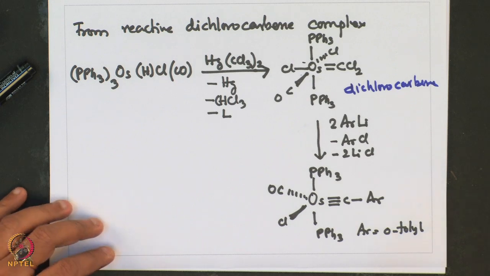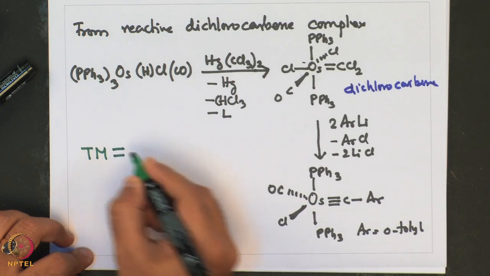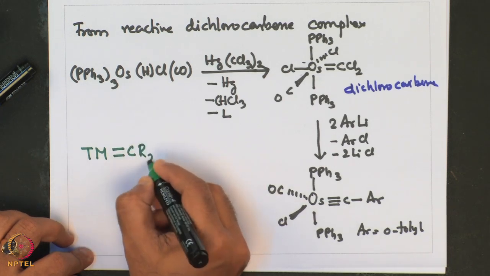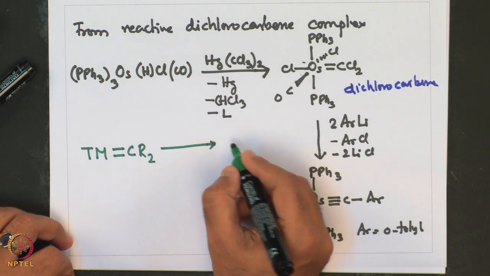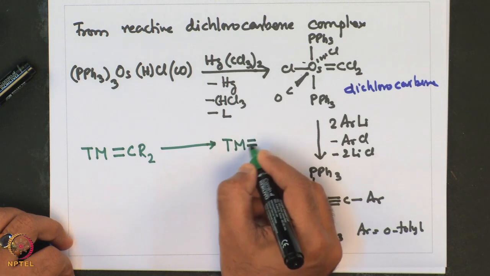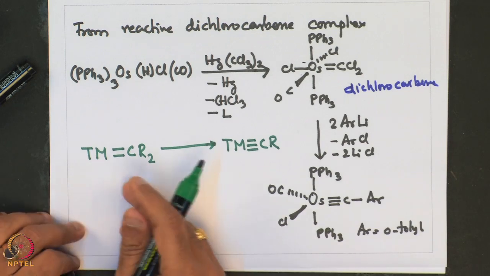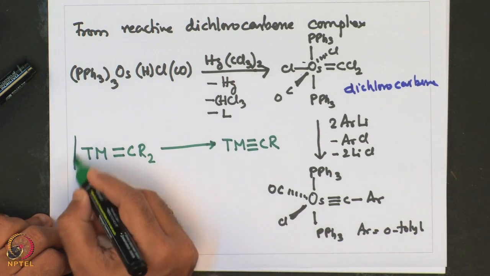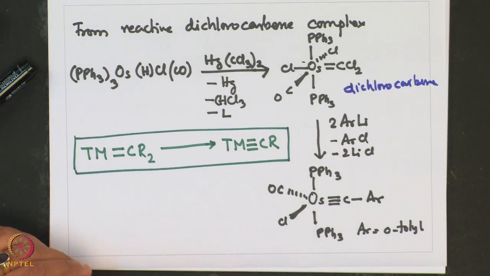Here too, what one finds is that this is a strategy that employs the earlier method of constructing the transition metal carbyne complex on a transition metal carbene complex. So, this reaction is in tune with the other earlier examples that we have discussed at the beginning of this lecture.